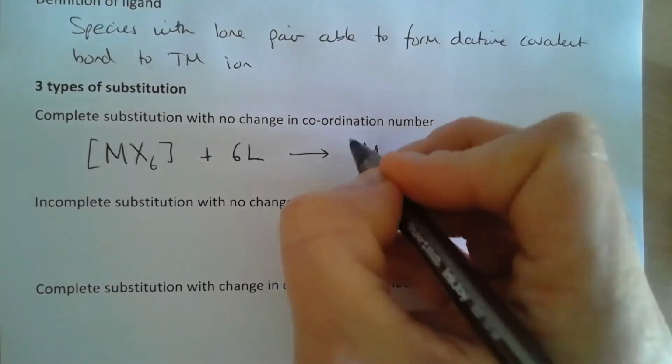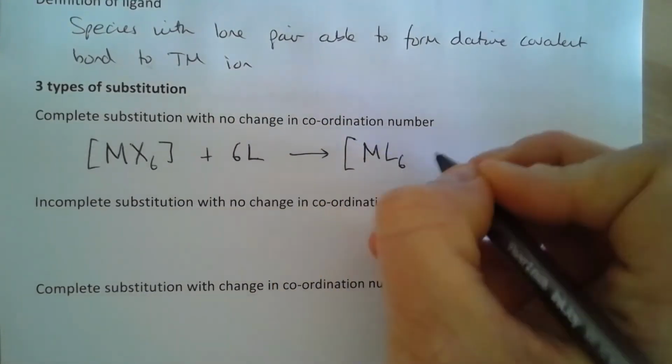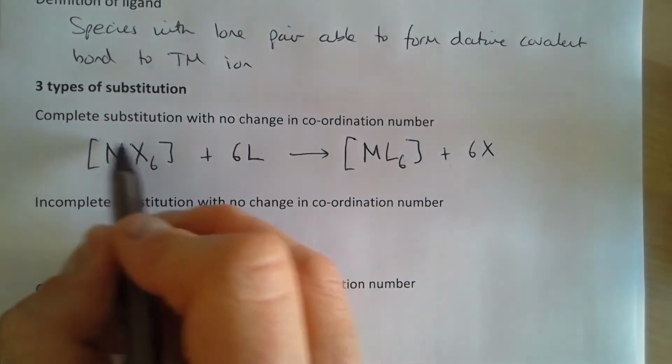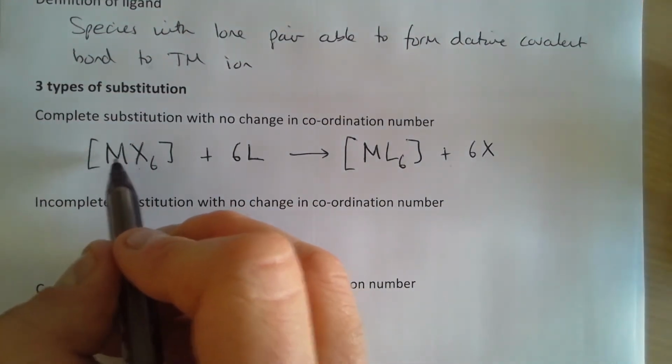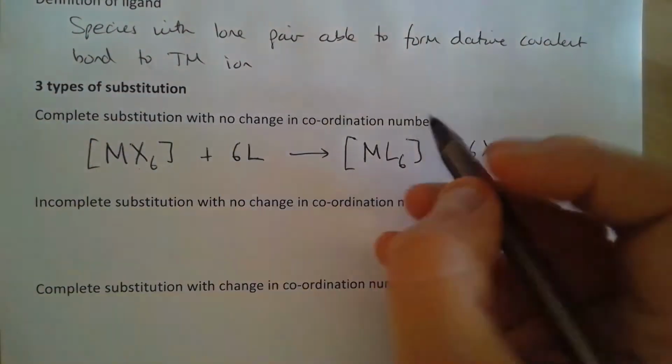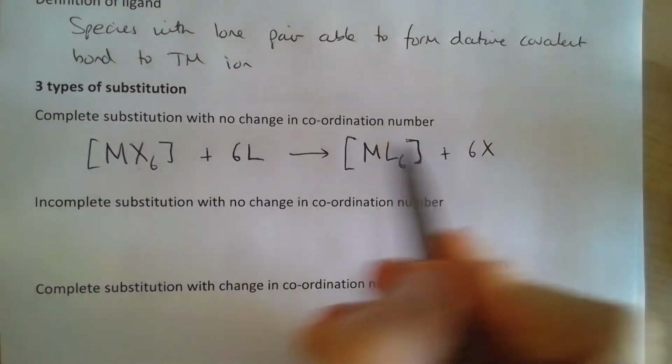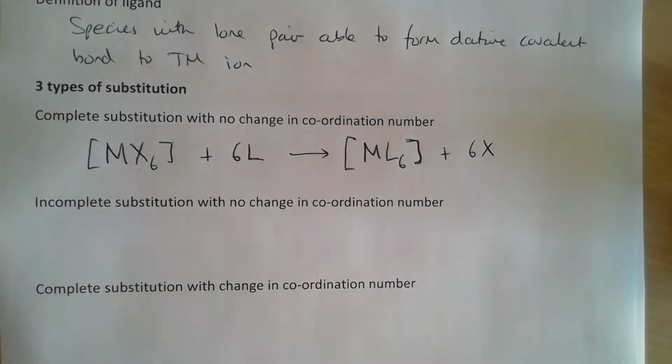So we'd end up with the complex ML6, and the 6 X's that were in the complex with the metal ion would be displaced or kicked out. You'll see these in real examples in a minute. Don't forget that these are likely to have a positive charge as well.